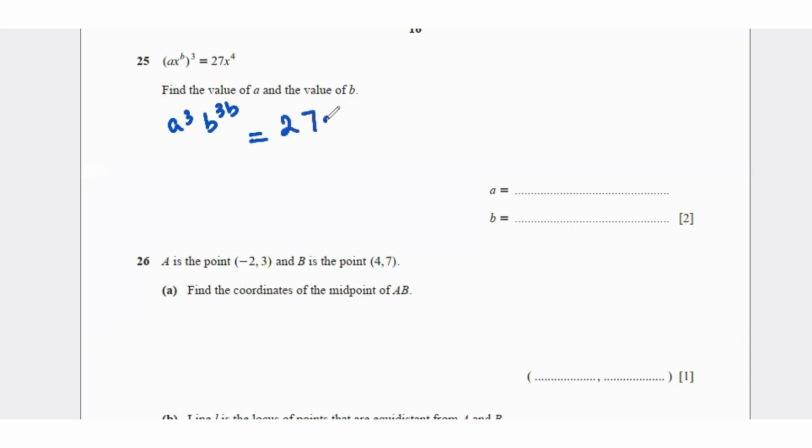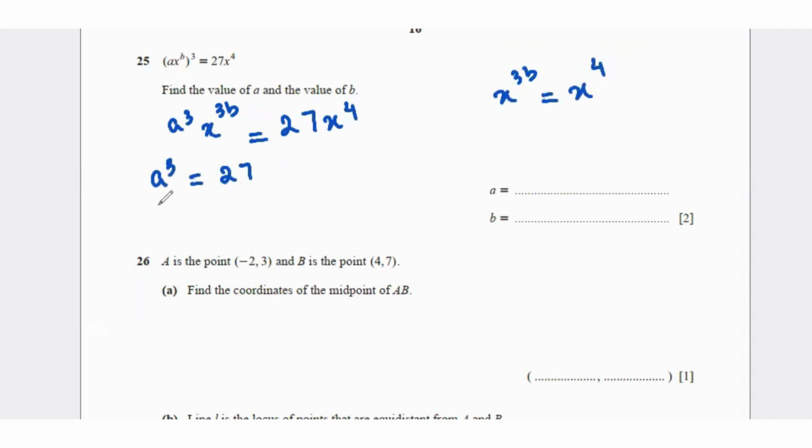And this is 27x to the power 4. So A cubed times x to the power of 3B equals 27x to the power of 4, which means A cubed is equal to 27, and x to the power of 3B is equal to x to the power 4.